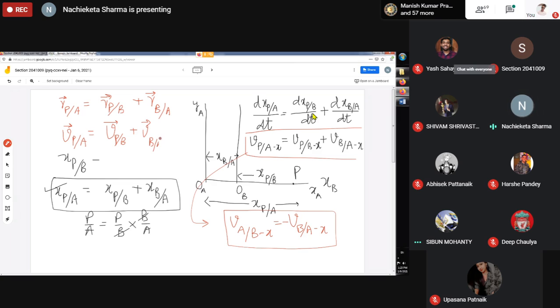The earlier one was relative velocity in 1D. So this is how you can show the relative velocity equation in space.